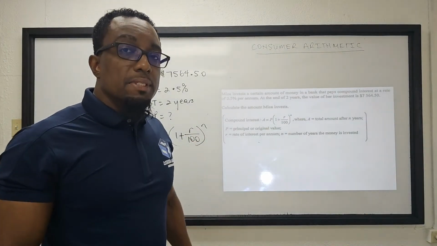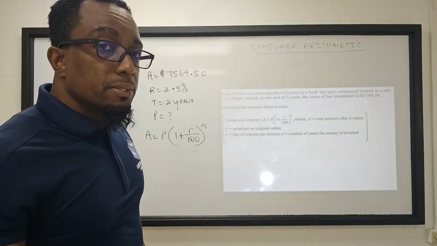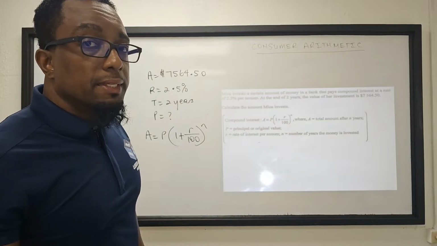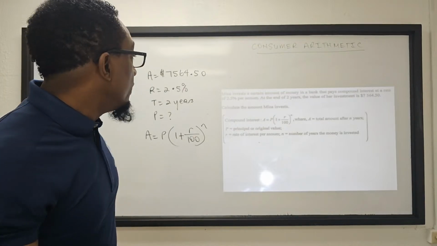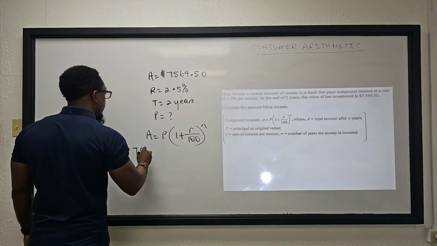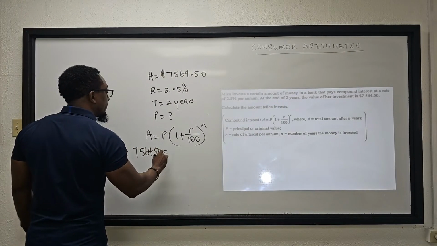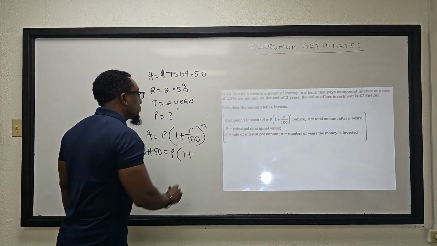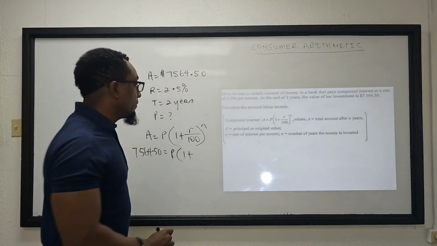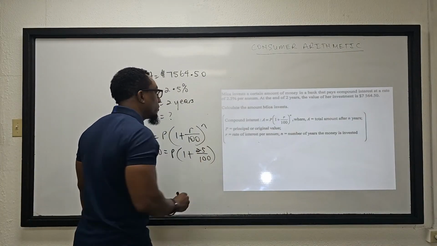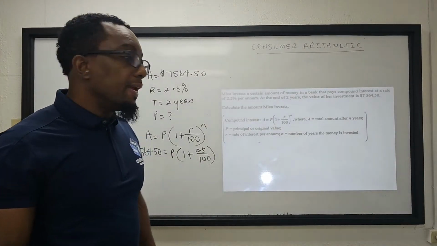Our objective is to find P, so we're going to substitute all the variables in that formula and then proceed to find P. So we know A is $7,564.50. P is what we want to find. Open brackets 1 plus R, which is 2.5, all over 100, close brackets, raised to the power of n, which is 2.